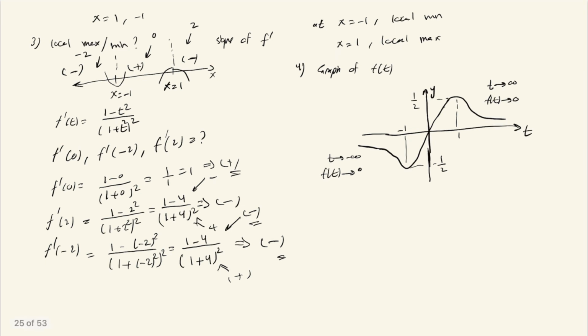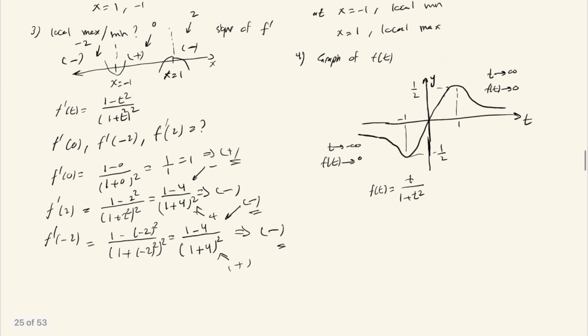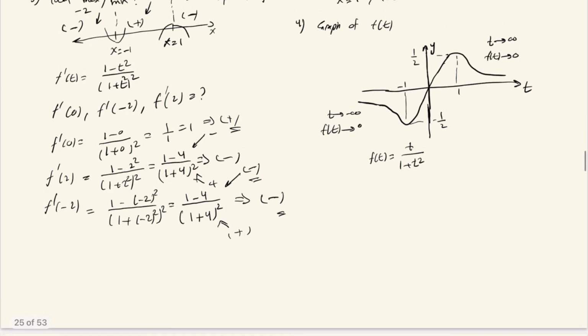Also, we can determine this using the function of t. Remember, the function of t is t over 1 plus t squared. So as t goes to infinity, we're going to have infinity over 1 plus infinity squared.